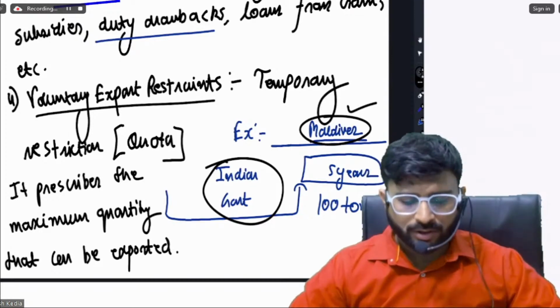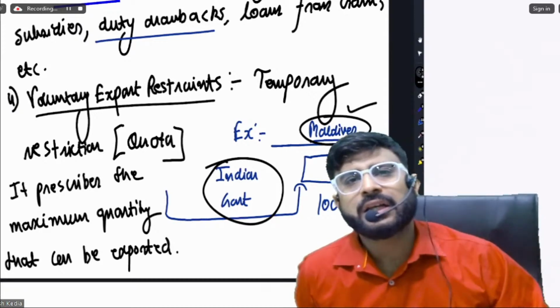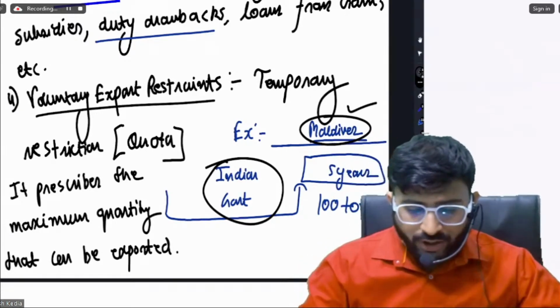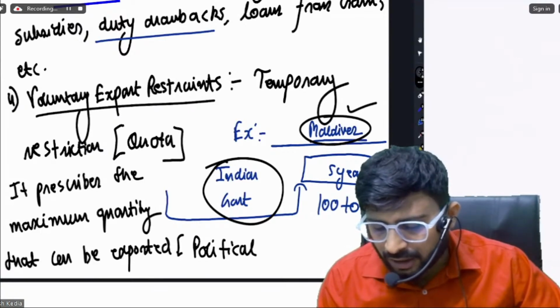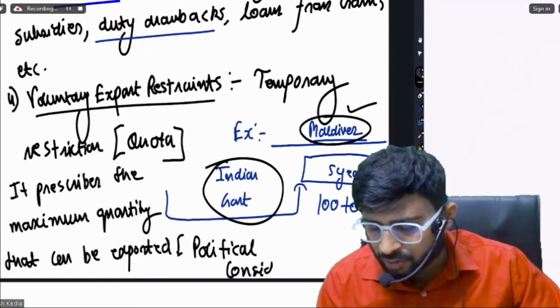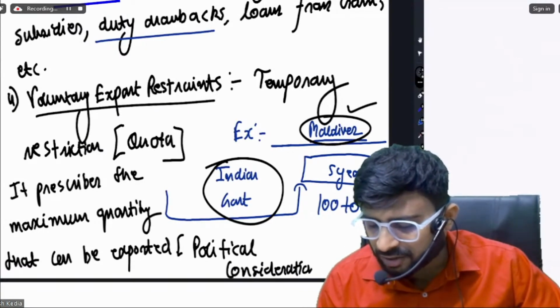It prescribes the maximum quantity that can be exported. It is generally based on political considerations.